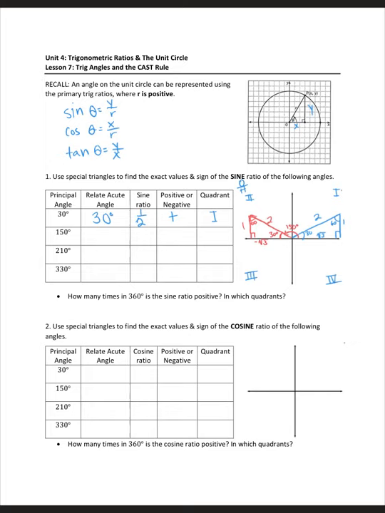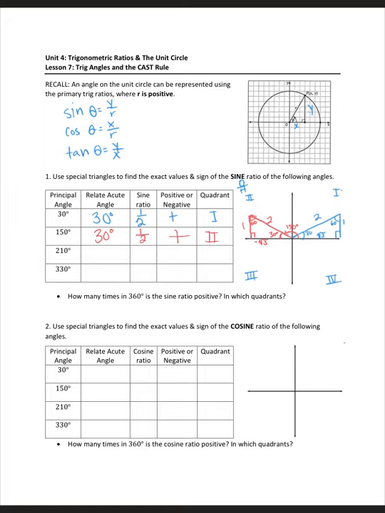So in this case, if we were to identify our related acute angle, we can see that it's 30 degrees. It's that angle between the terminal arm and the x-axis. Our sine ratio, so our opposite side over our hypotenuse, is still a positive 1/2. So we'd say the sine is positive, and this is in quadrant 2.